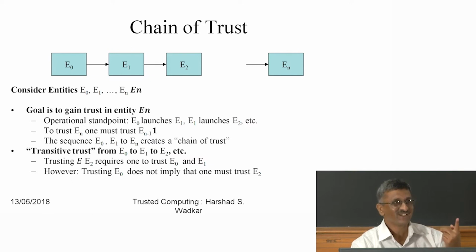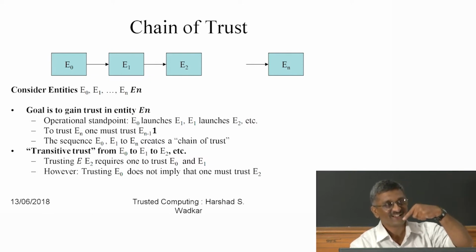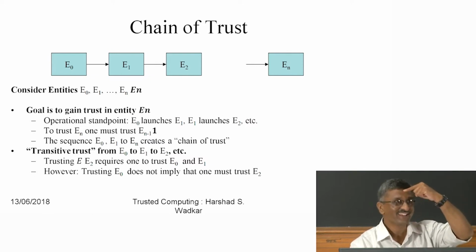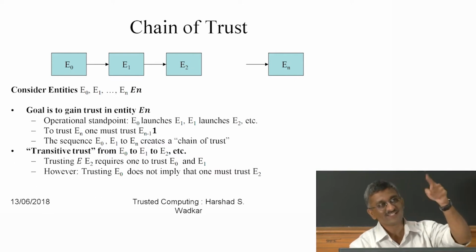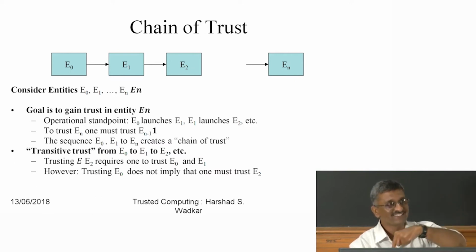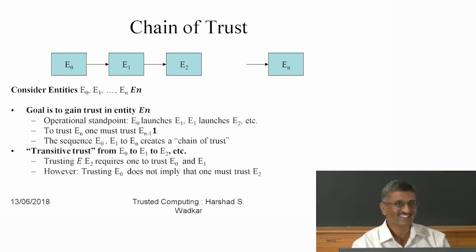No. You are trusting ACM, because ACM is trusting PS, and now PS has called me. So PS is trusting me. So, in turn you are not trusting me directly. Are you getting me?